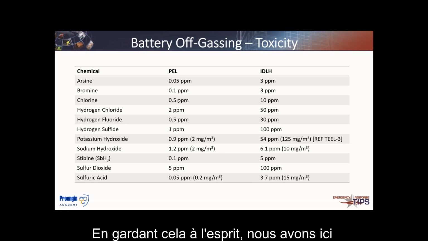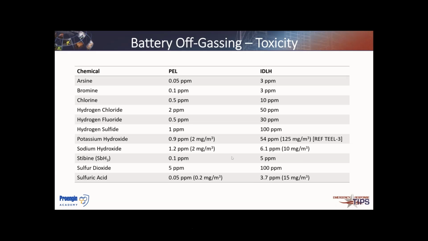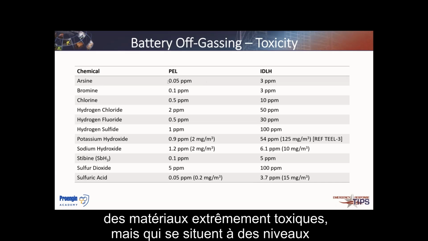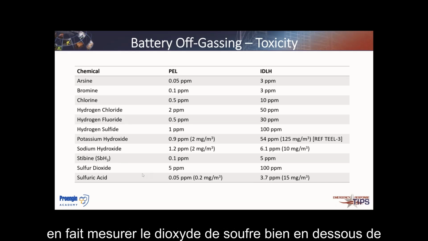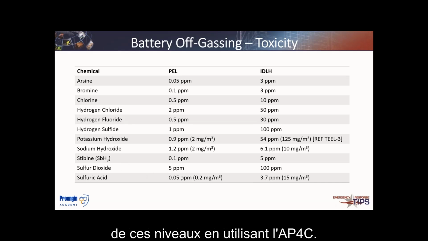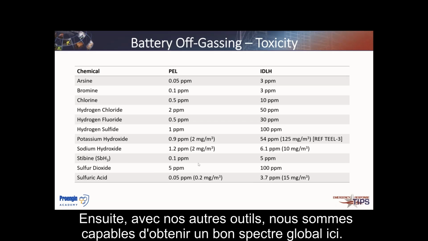So just keeping that in mind, we have some materials here that are extremely toxic, but are at levels for arsine, hydrogen sulfide, that we can actually measure, sulfur dioxide, well below those levels using the AP4C. And then with our other tools, we're able to get a good round spectrum here.